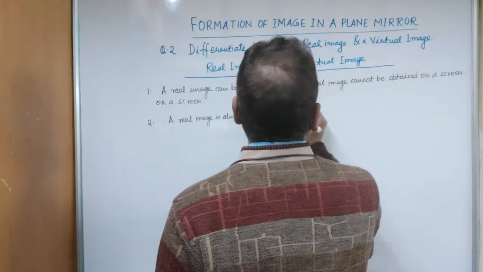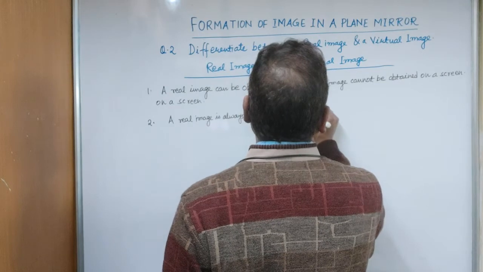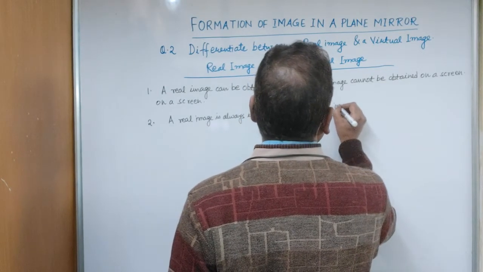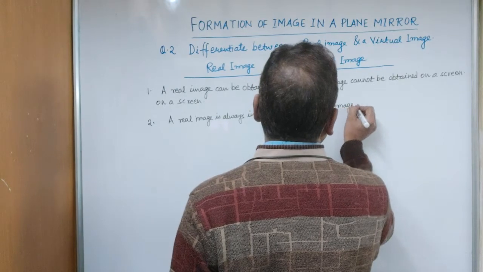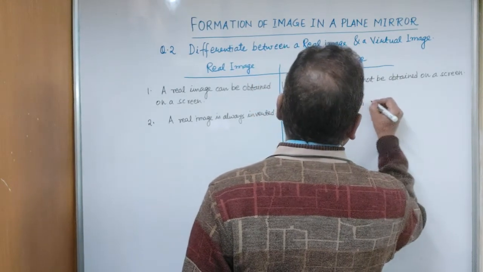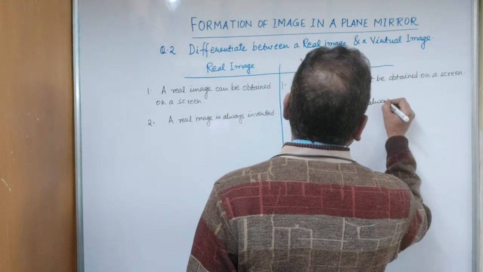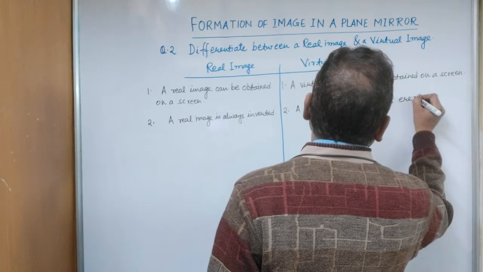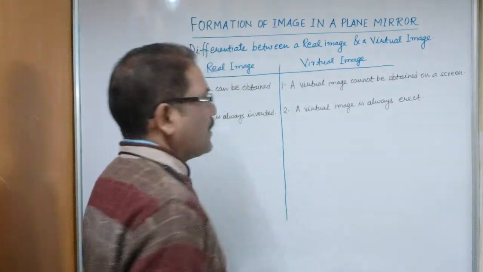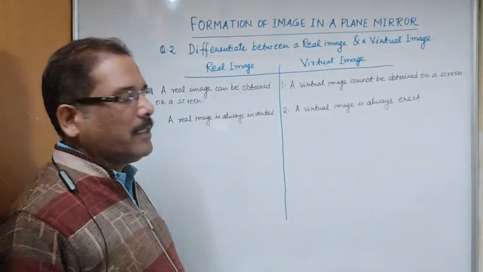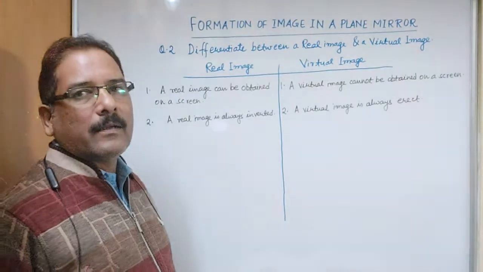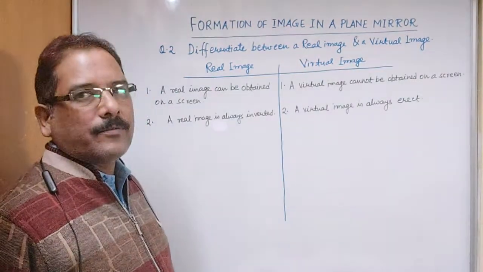And here you write a virtual image is always erect. Every day you see your face on a looking glass, on a mirror, so that image is erect.